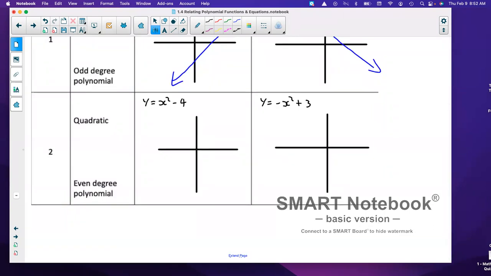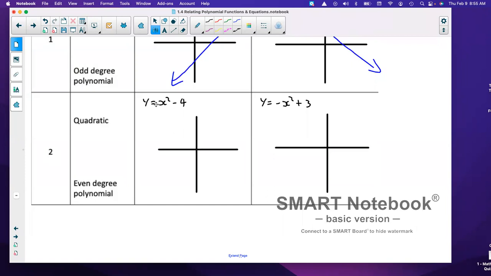Next, we have our quadratic. So you would have dealt with quadratics in grade 11. So quadratics are degree 2 because our largest exponent is a 2. Now, because 2 is an even number, technically that's an even degree polynomial. So if you remember from quadratics, essentially they open upwards or downwards.